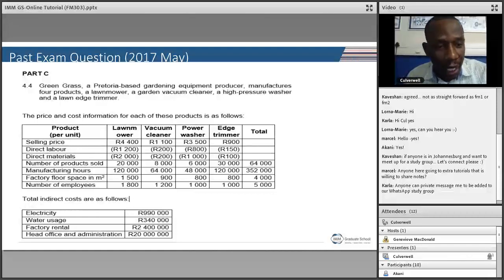So let's check that by doing the number of employees instead. If you say 1,800 employees were involved in the manufacturing of lawnmower plus the 1,200 of vacuum cleaner plus 1,000 of power washer together with the other 1,000 for edge trimmer, that's giving me 5,000.